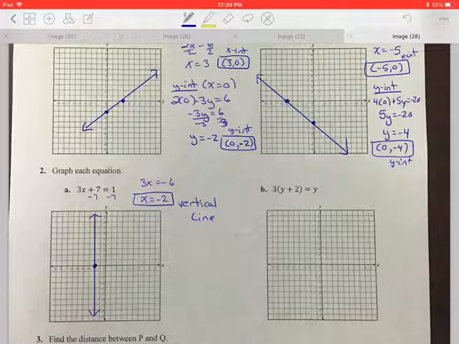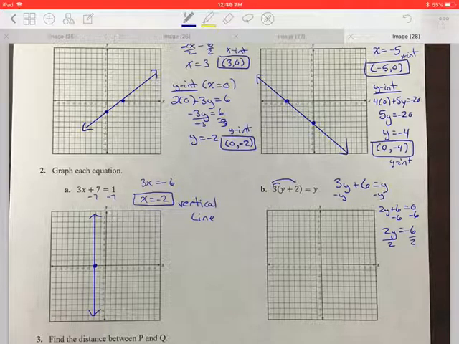All right, so for B, on this one, I don't have an x, but I have a y. All right, so let's move the y's all to one side. I get 2y plus 6 equals 0. I get 2y equals negative 6, or y equals negative 3.